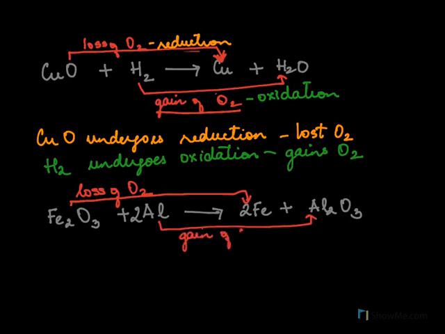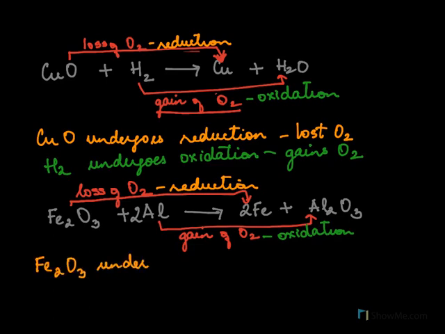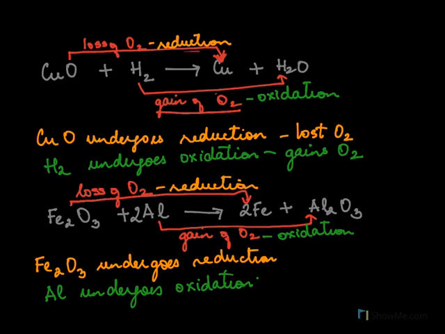There is a gain of oxygen. By our definition, loss of oxygen is reduction and gain of oxygen is oxidation. So here we can say that Fe2O3 undergoes reduction, whereas aluminium undergoes oxidation. Look for more examples that I have given later.